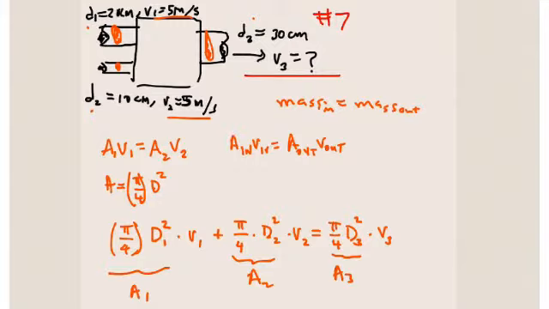So you can see in this setup, we can cancel this value because it shows up everywhere. And you see V1 is equal to V2.